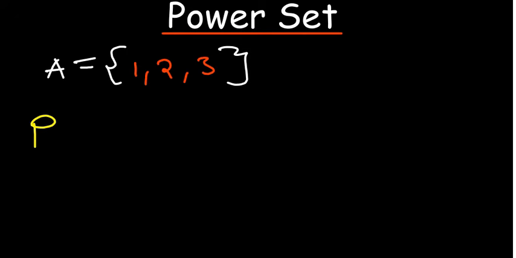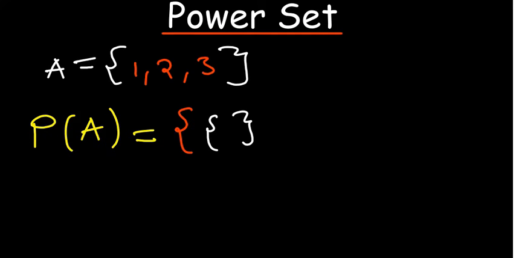So how do you show the power set? It's a capital letter P, and then in brackets you put the set itself. You use curly brackets to open. The first subset is going to be the empty set, and then we can also have the improper subset, which has the exact elements of the set itself.